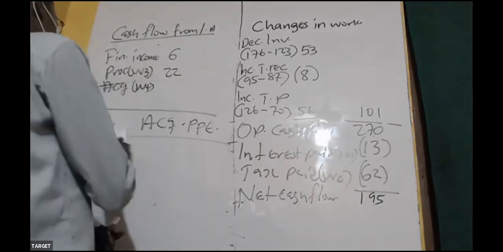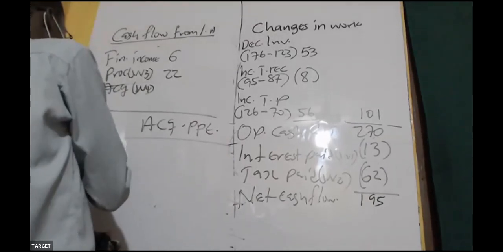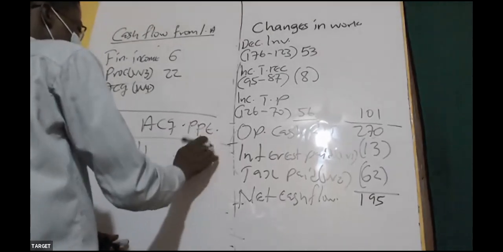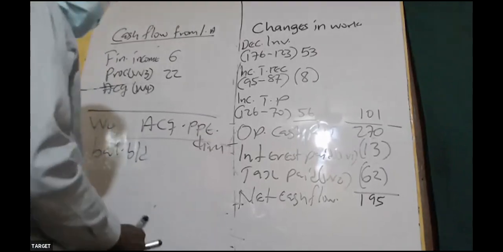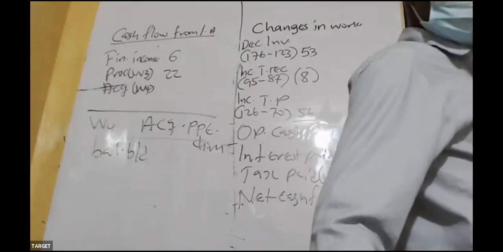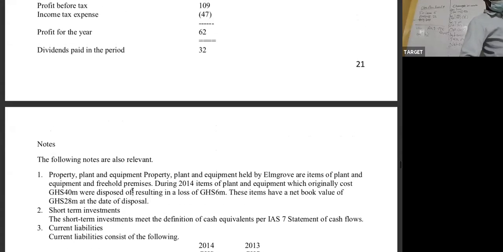Here start by saying opening balance of PPE, balance brought down. Take the opening balance of the PPE and adjust the PPE well. The balancing figure, or the difference, will be the acquisition.